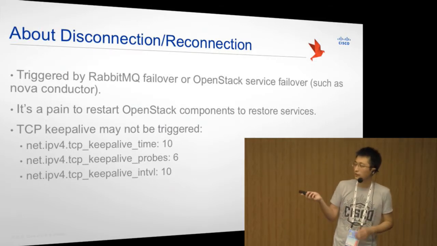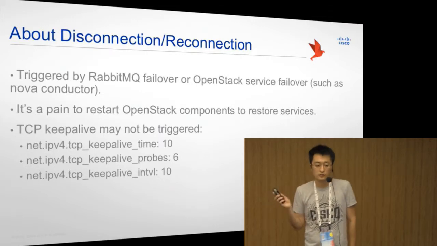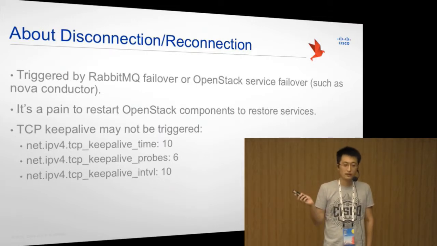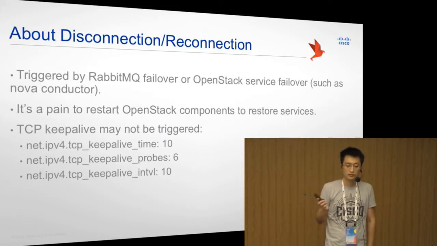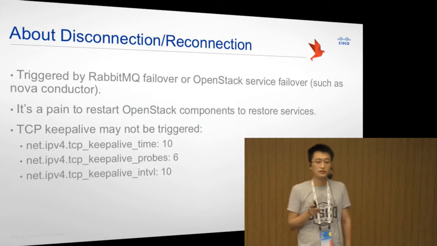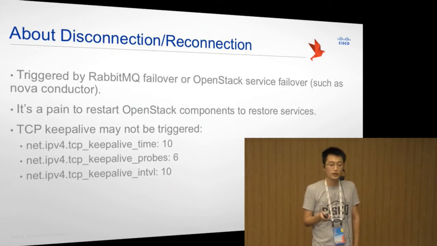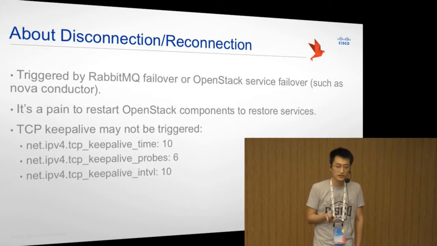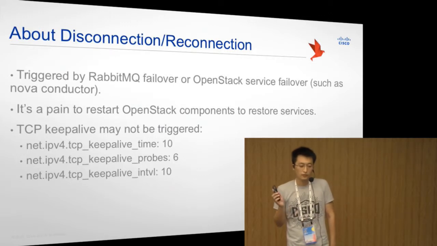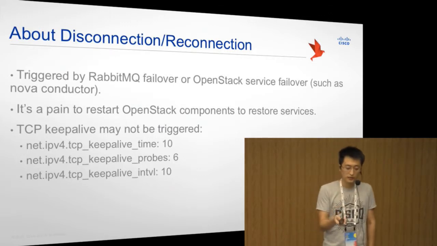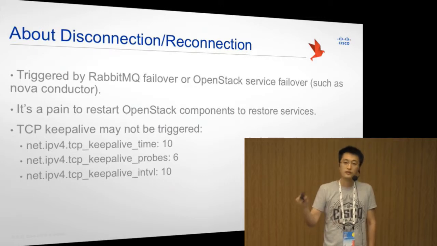But the problem with TCP keepalive is that sometimes this setting is there, but it will never be triggered, because TCP keepalive is not described in the TCP specification. TCP keepalive is used when the network connection is idle.